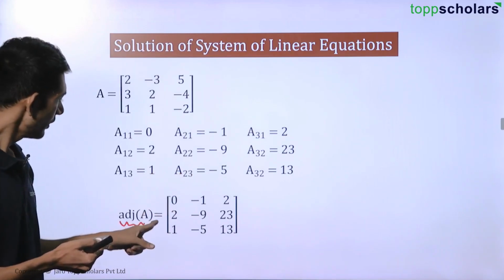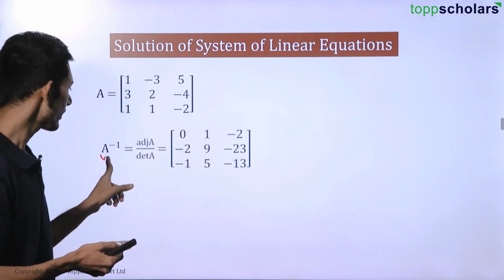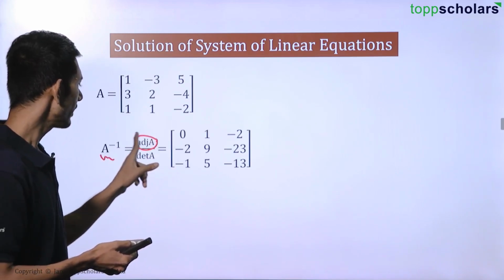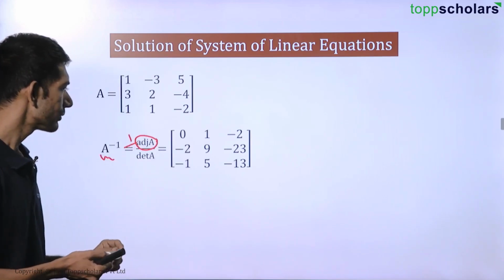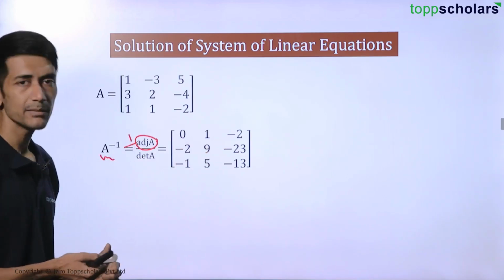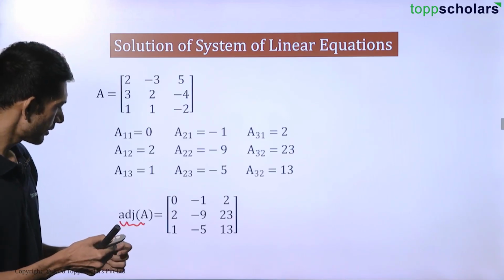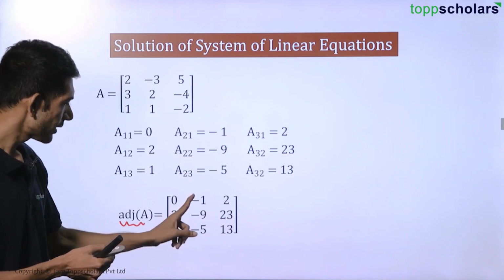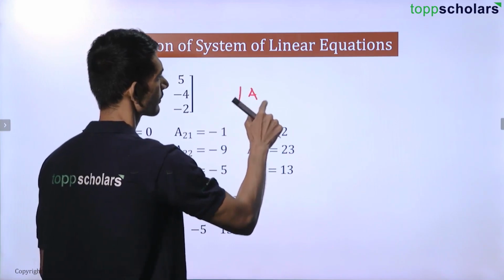You do that, you will end up getting this. Clear? Now you know how to find out the inverse, right? So A inverse is adjoint of A times 1 by determinant of A. Solve this now and you get the elements, because if you see, the adjoint of A is this and our determinant of A is what?